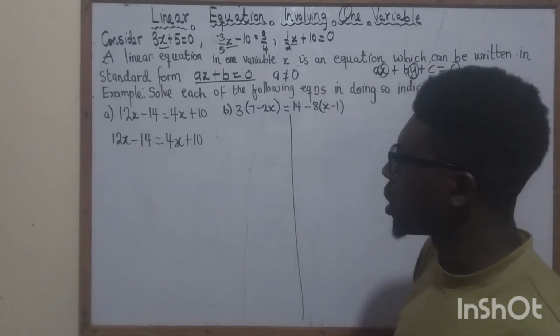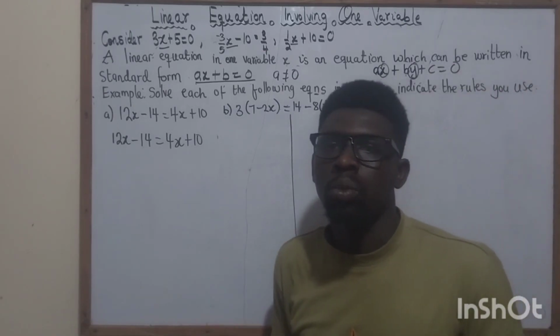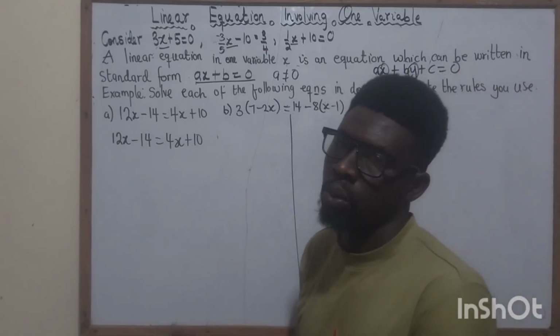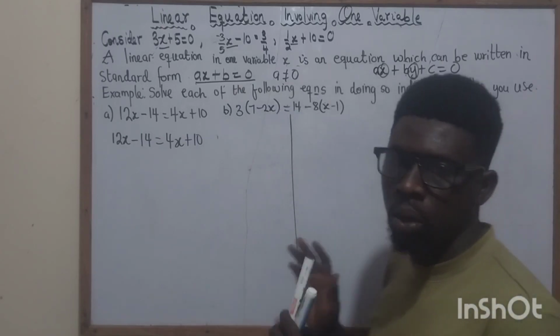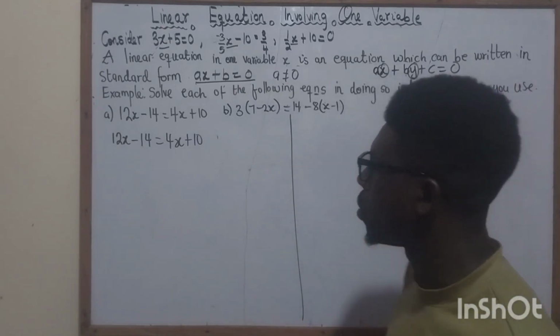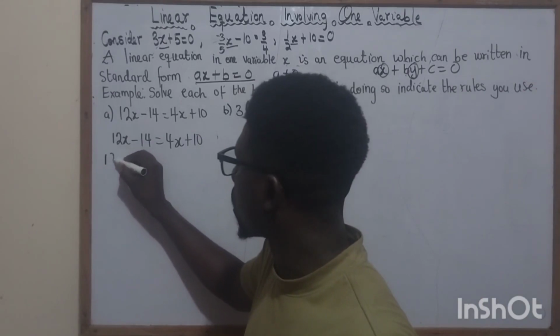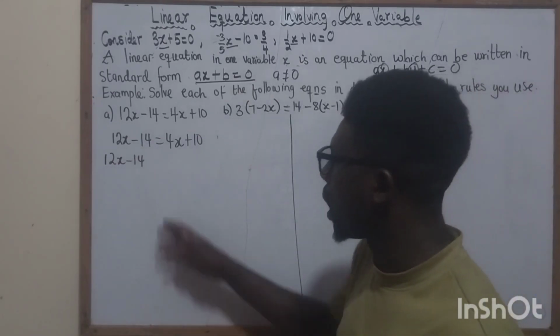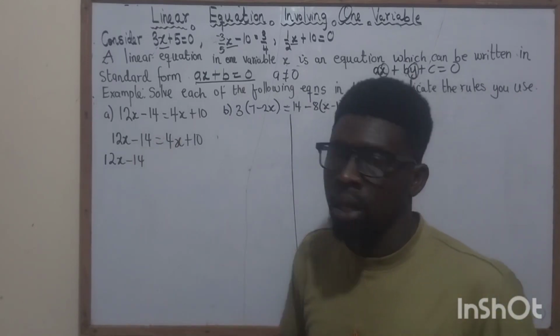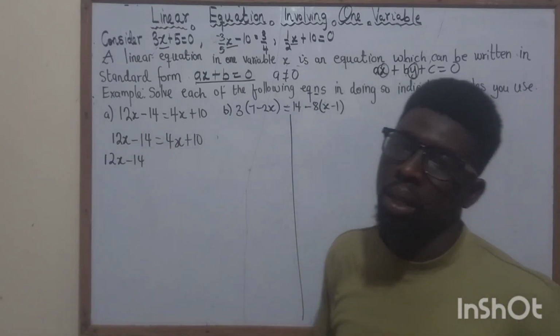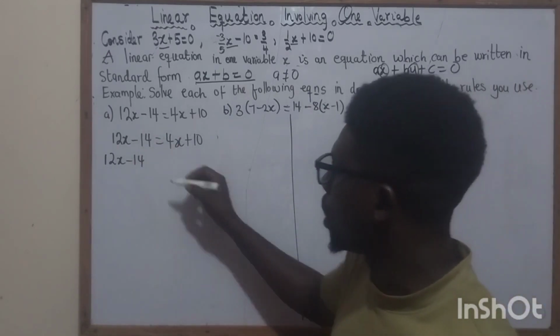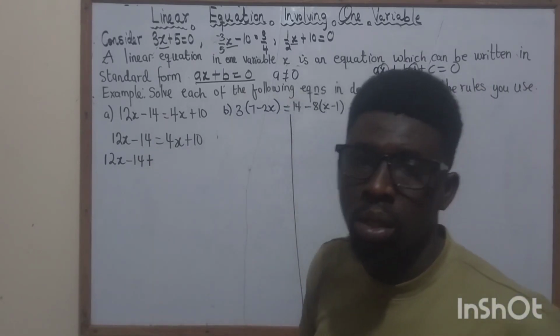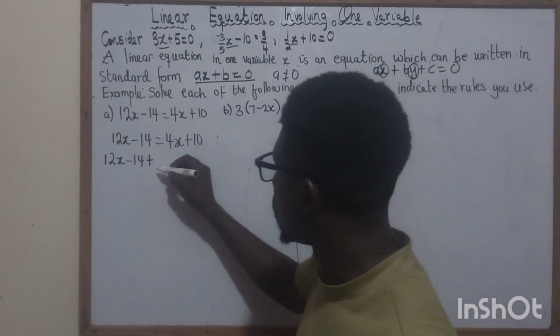So what are we doing? As we said, we want to make the variable stand on one side of the equality and the constant number on the other side. Think of how best you can eliminate this 14 so that 12x can be alone on one side of the equation. Here I want to use my addition property of equality.